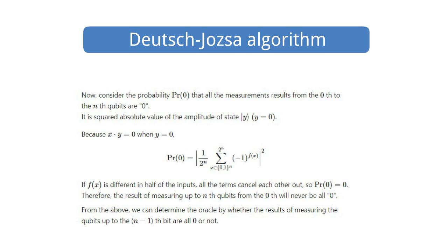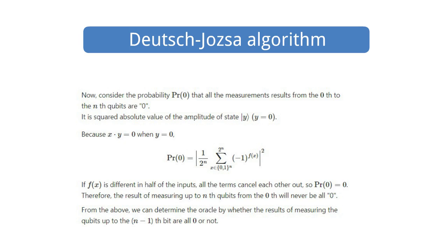Because x times y equals 0 when y equals 0, if f(x) is different in half of the inputs, all the terms cancel each other out, so P(0) equals 0. Therefore, the result of measuring up to the nth qubit from the 0th will never be all 0. From the above, we can determine the oracle by whether the results of measuring the qubits up to the (n-1)th bit are all 0 or not.